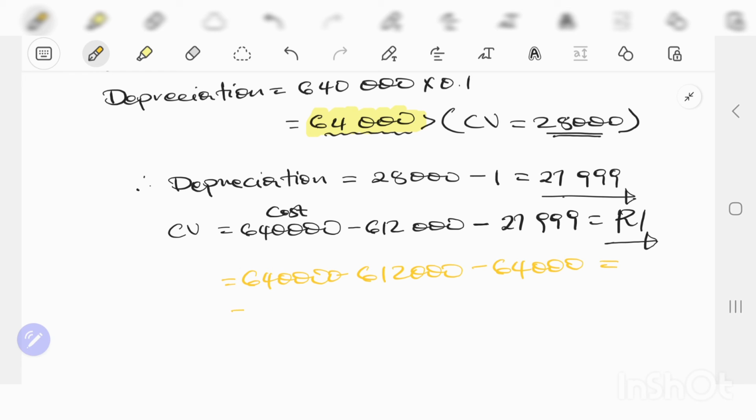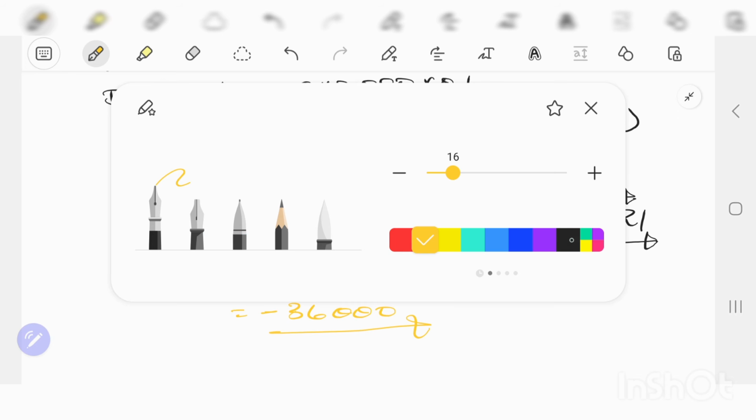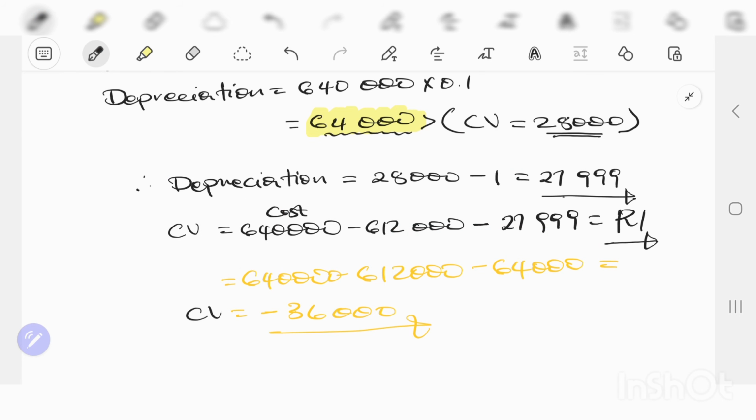Can you see that it's going to give you a negative 36,000, which is a negative carrying value? And you cannot have a negative asset in accounting.